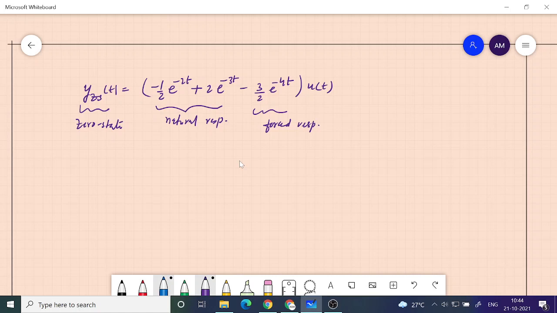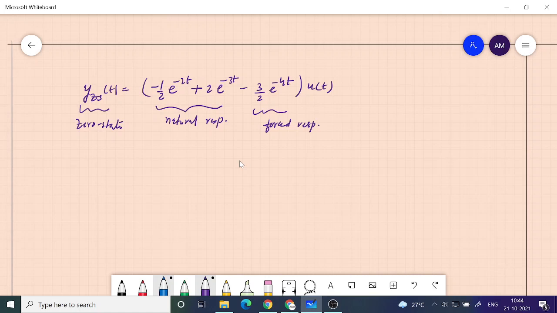So for a system which is at zero initial conditions, if you use the normal differential equation method, you will get this as the natural response and this as the forced response. So this is the particular integral and this is the complementary solution, provided the system has zero initial conditions.